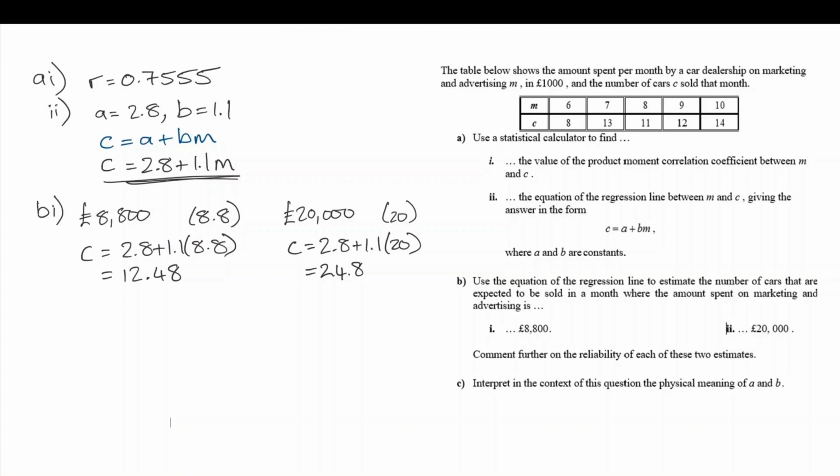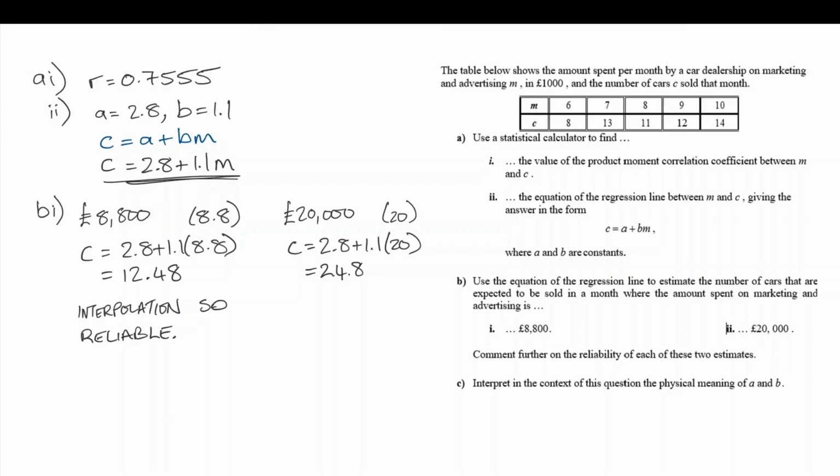In the first case, we substituted 8.8. In the original dataset, the value of M went from 6 to 10. So we can be fairly confident that any substitution in between 6 and 10 will be reasonable. That would be interpolation. So we have a reason to be confident in the results. Interpolation is reliable. On the other hand, we've substituted in 20.